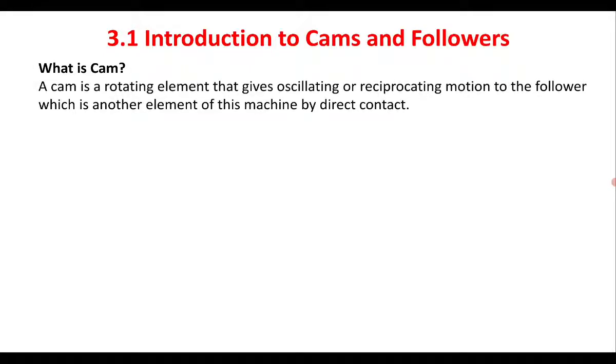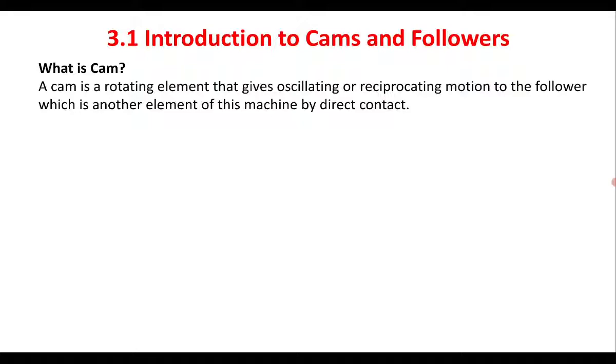What is CAM? A CAM is a rotating element that gives oscillating or reciprocating motion to the follower, which is another element of this machine, by direct contact. So there are two kinematic links or elements used in this mechanism. One element is cam and another is nothing but follower.